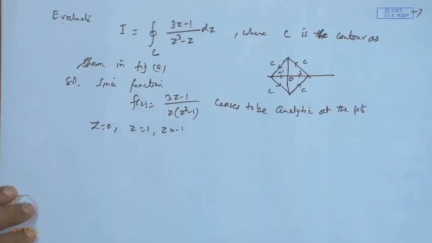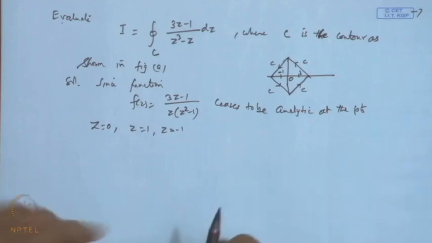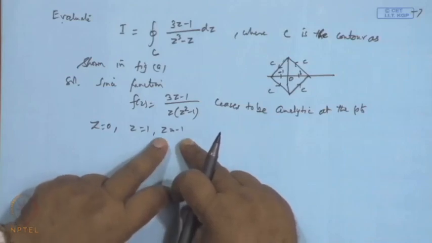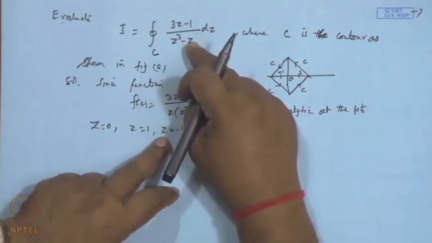So, these are the 3 points where it ceases to be analytic, meaning the function is not defined at these points, because the denominator vanishes. So, we have to remove these points, because the function is not analytic.